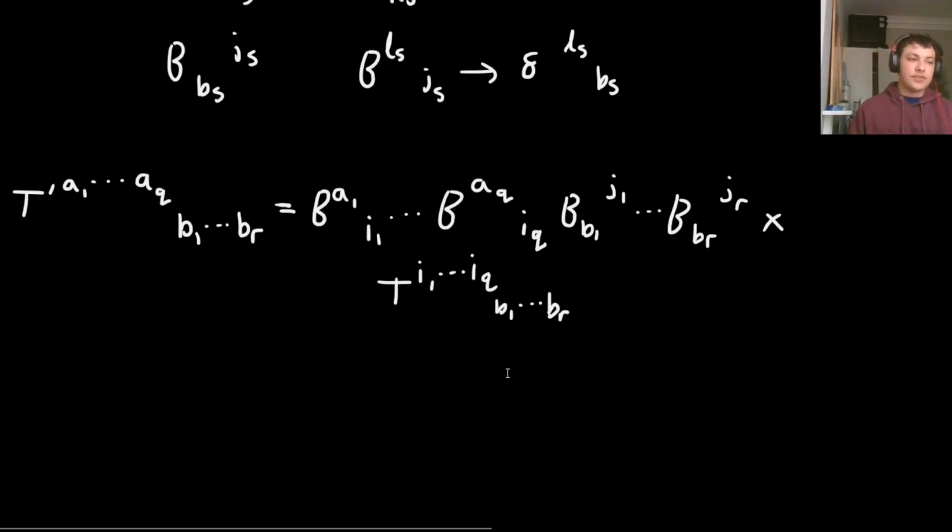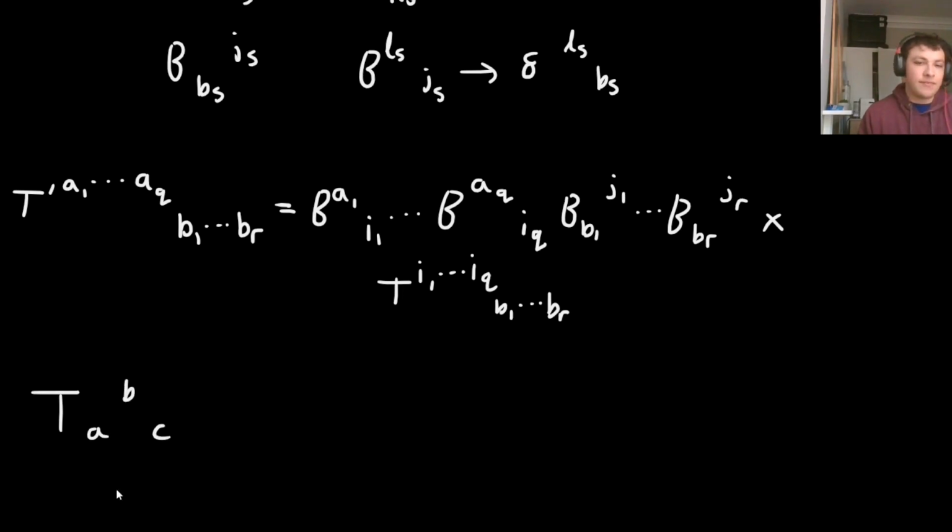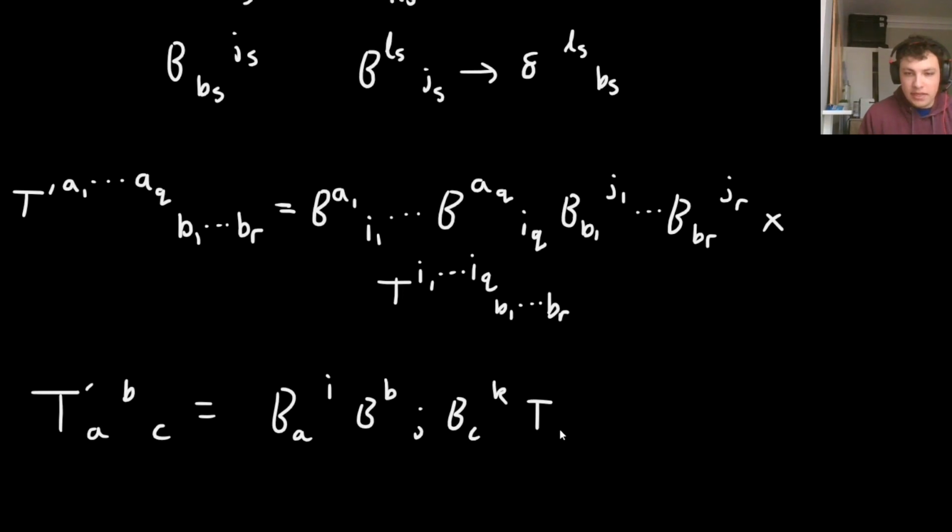Obviously I've done it so that all my V's were first and all my V stars were second. I could have had something mixed like T^{A}_{B}^{C}, and then the prime of this is just going to be B_{AI} B^{J}_{B} B_{CK} T^{I}_{J}^{K}, something like that. You just read off all of the factors, it doesn't matter.